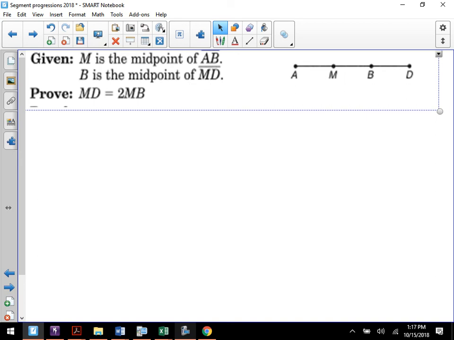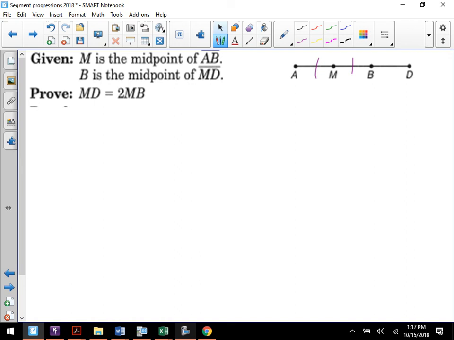Tick marks, yeah. I know that if M is the midpoint of AB, what two segments have to be equal? AM and MB. If M's the midpoint of AB, those two have to be the same. And if I look at the next one, it says that B is the midpoint of MD.